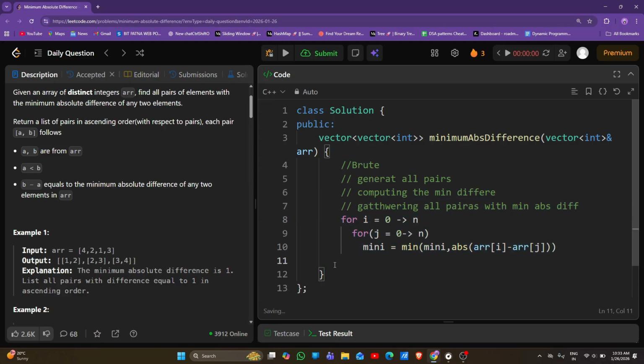And then for checking we can do a similar loop condition.